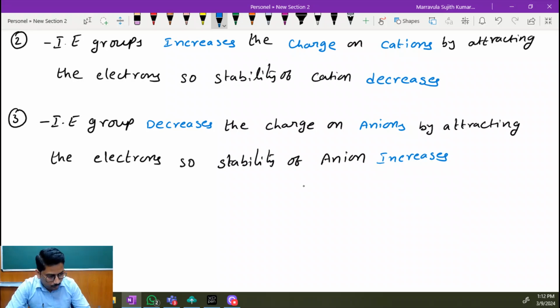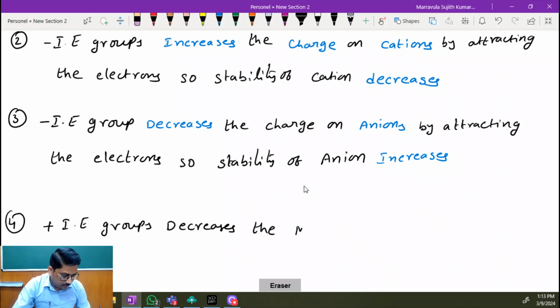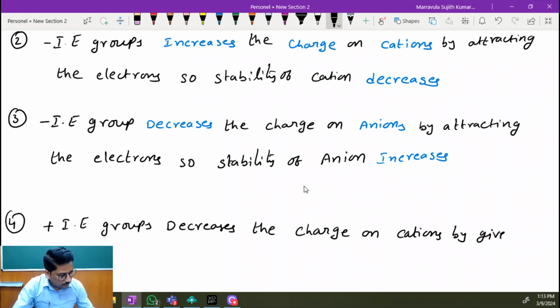Okay, and the fourth point in this one is coming to the plus I groups. So plus IE groups decrease the magnitude of charge on cations by giving electrons.